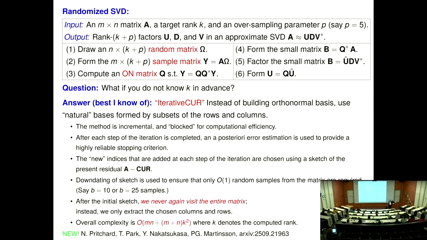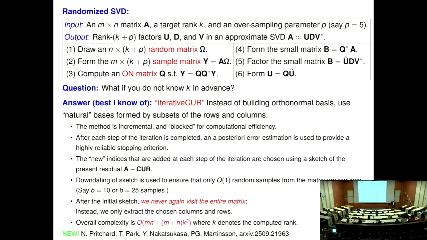So it's not going to provide a basis for the column space. But what you use this sample for is that you find what are the dominant rows of the sample. And it turns out you can show that if you subselect k rows from the sample that form a good basis for the row space of the sample matrix, then those same k rows of the original matrix also form a good initial start of a basis for the row space of the original matrix.